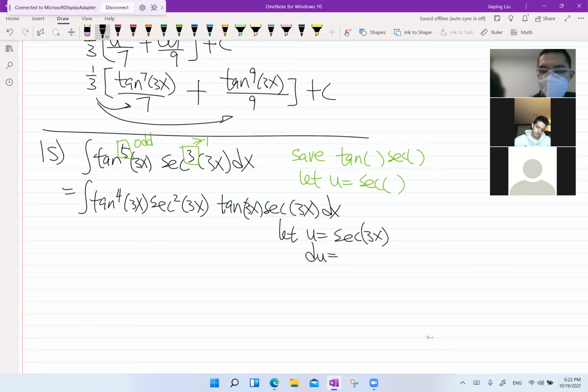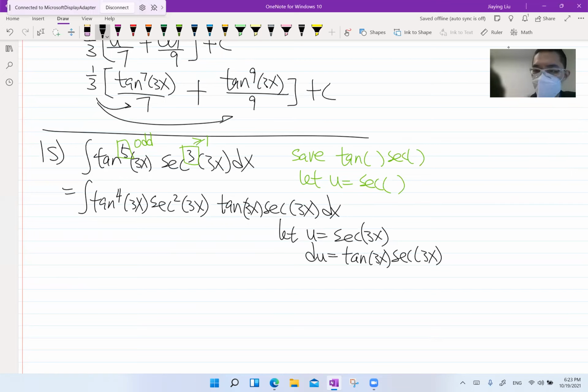So du equals the derivative of secant. If you remember, it's just tangent times secant. So tangent 3x times secant 3x dx. Well, before I write down dx, I forgot to use chain rule because again, we have a 3x here. So using chain rule gives me 3 dx.